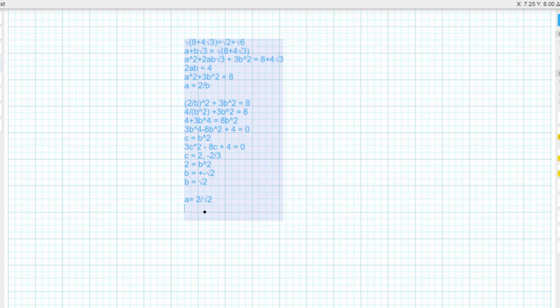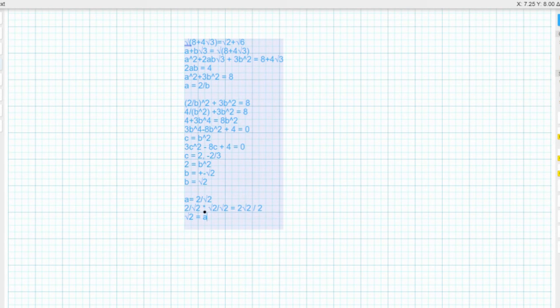When you rationalize the denominator of 2 divided by square root 2, you multiply the fraction by square root 2 over square root 2. So now you have the expression 2 root 2 divided by 2. You can simplify this further and get rid of the 2, so now you're left with just root 2. So now you know what a is.